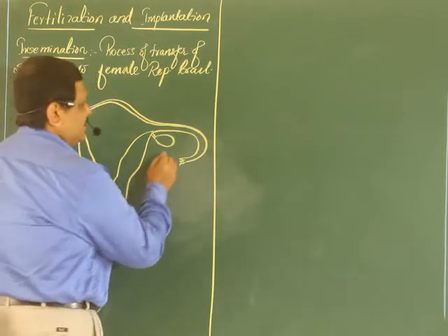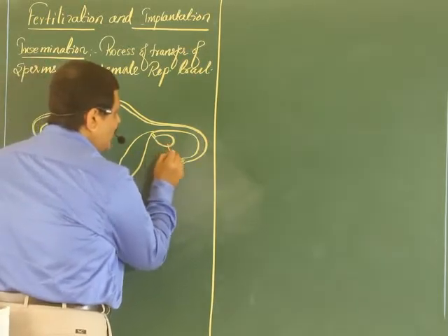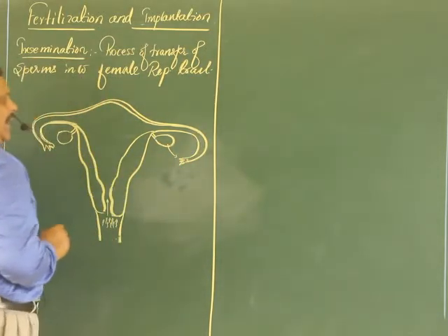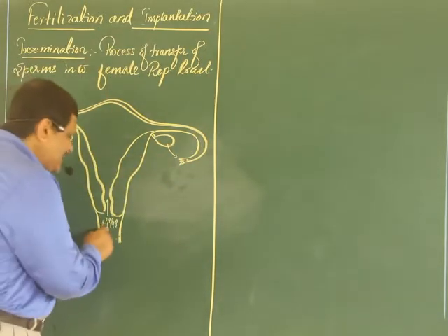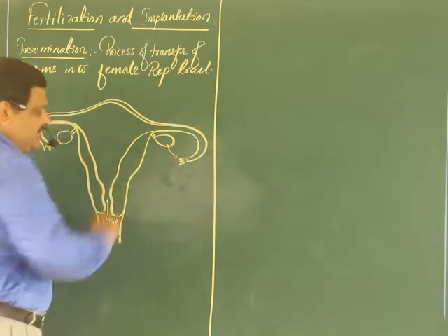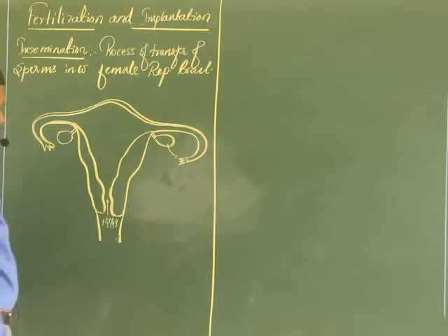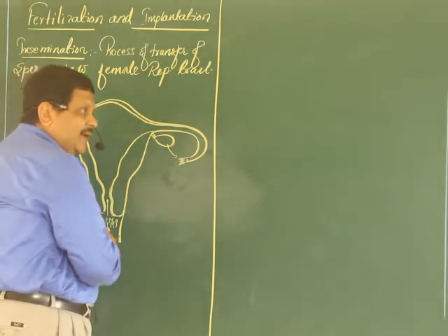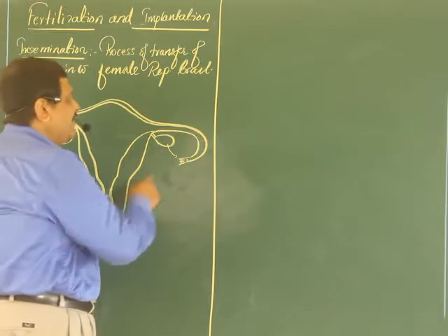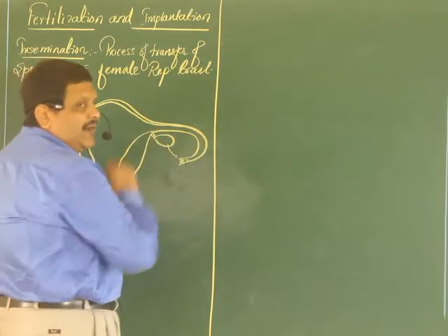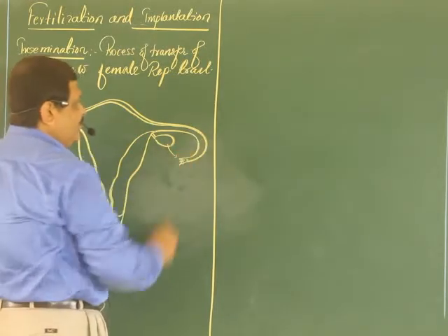Suppose this ovary releases the egg. Compared to the size of the sperm, this distance is enormous. Although 160 million sperms will be released, only a few thousand will reach here, and only a few hundred will come to this region.